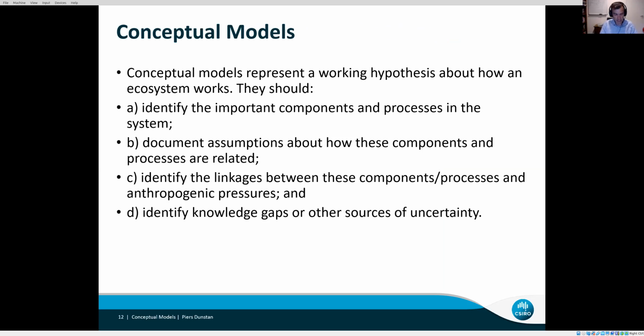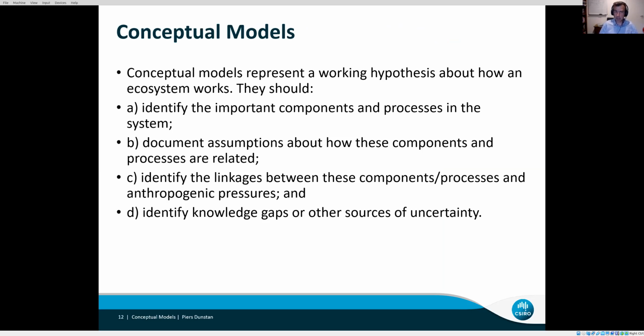Now, I talked right at the start about this idea of a conceptual model, and it's one of the key tools that we use as part of our risk assessment and management process within CSIRO. What the conceptual models do is they represent a working hypothesis for how an ecosystem should work.